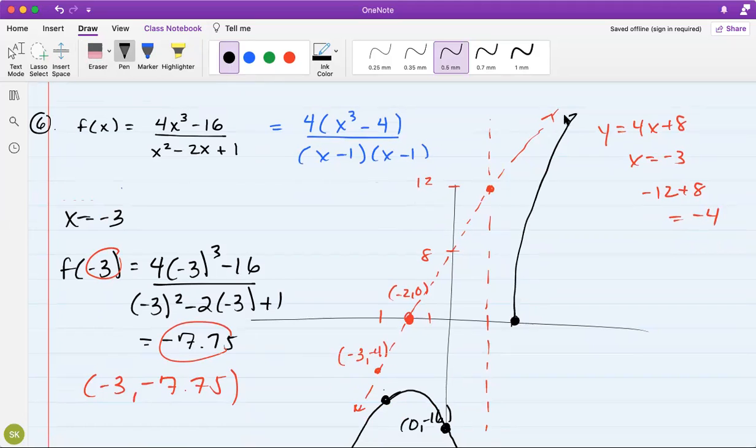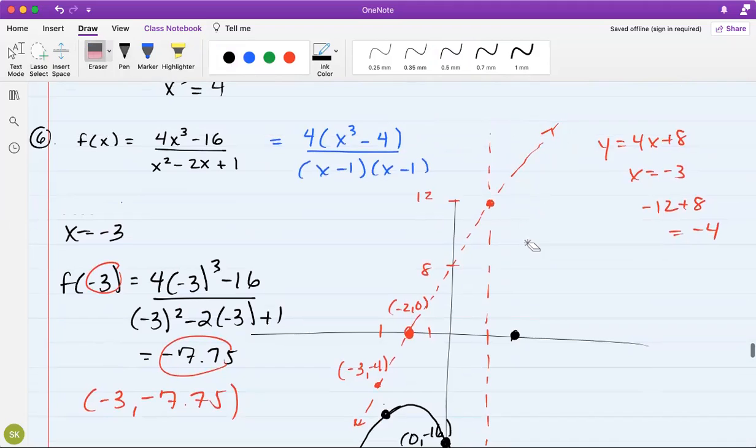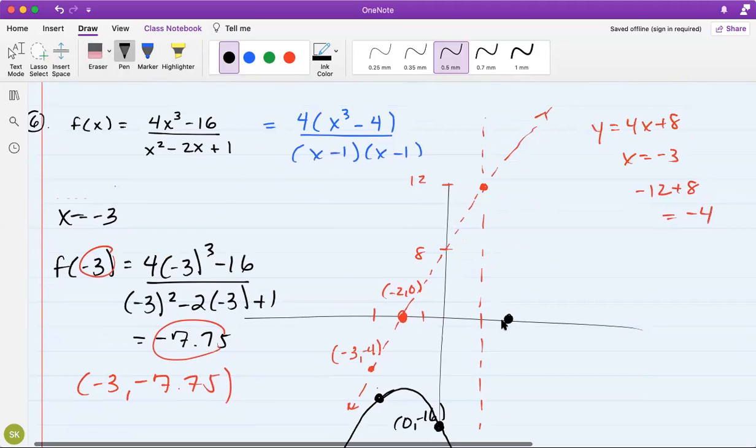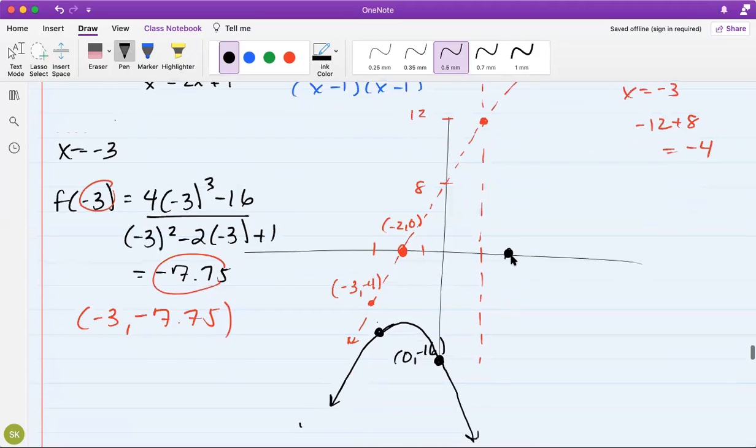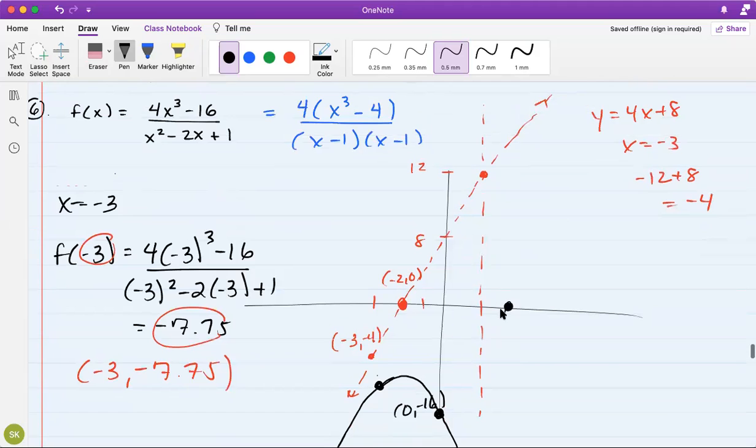And if you are confused, if you can't figure out what we're going to do or which way we're going to go, plot some extra points. So let's say, I don't know if we're going to go up like this or down. Let's plot something to the right of this value. So this was, I think this was 2 that we plugged into the function.